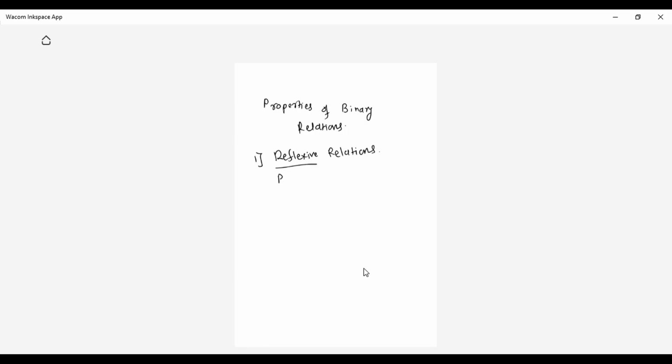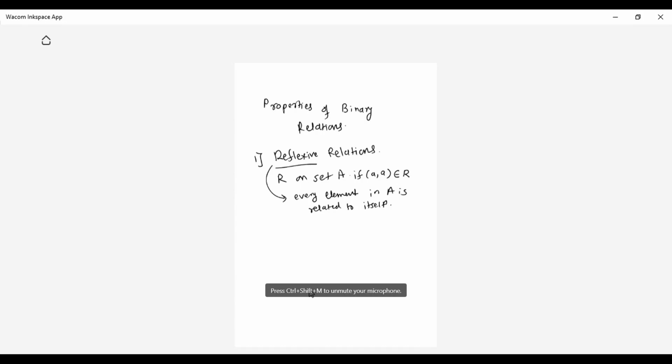A binary relation R on a set A is called reflexive if (a, a) belongs to R. In other words, R is reflexive if every element in A is related to itself. It is like an identity relation.